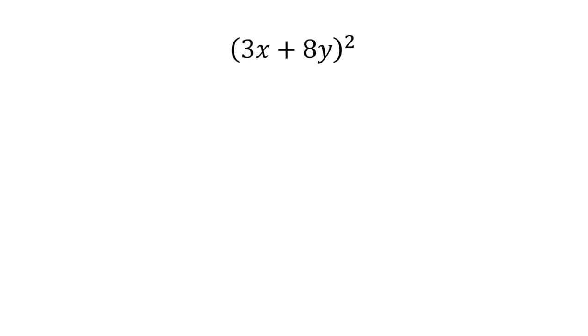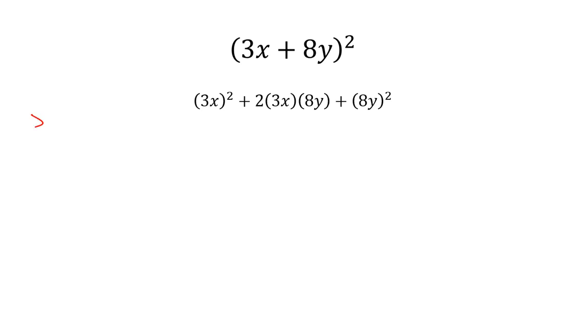Now this is where you might see it a little more complicated, but again, the same process still applies. You square the first number, 3x, and you square the last number, 8y. Then you multiply 3x times 8y, and then double those, or multiply by 2.